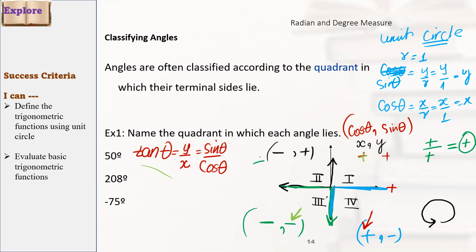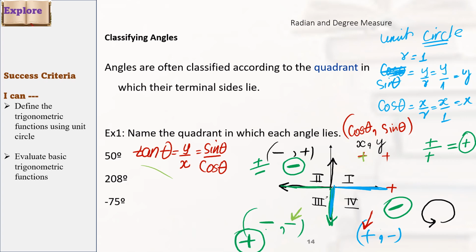In the second quadrant, plus divided by minus. It's the same as multiplication: plus times minus gives me minus. So the tangent is negative in the second quadrant. In the third quadrant, the tangent is positive, because negative times negative gives me positive. And in the last quadrant, plus times minus is minus. So this is the sign of tangent theta.